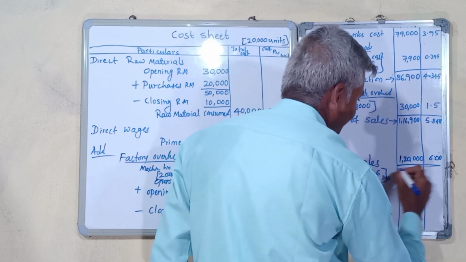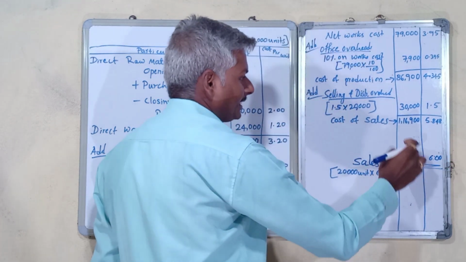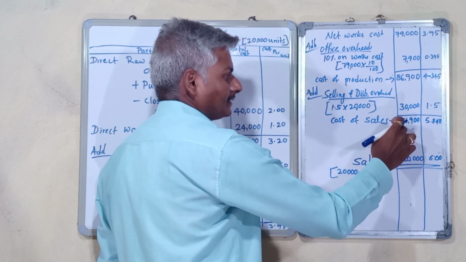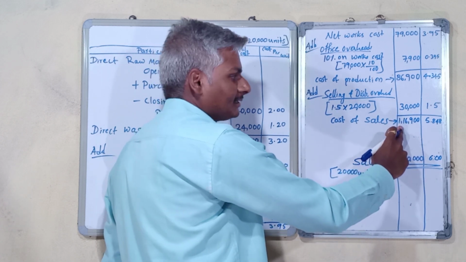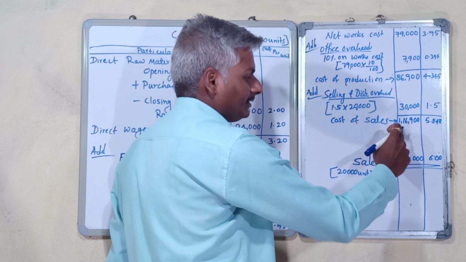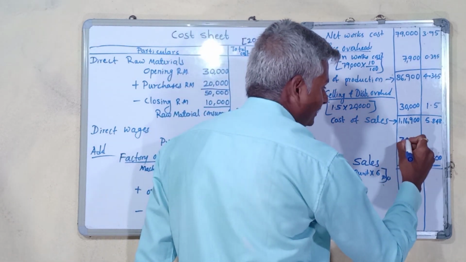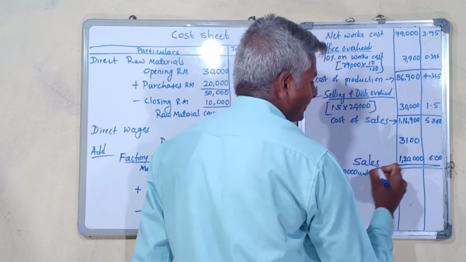Then the balancing figure: 1,20,000 minus 1,16,900 is 3,100.